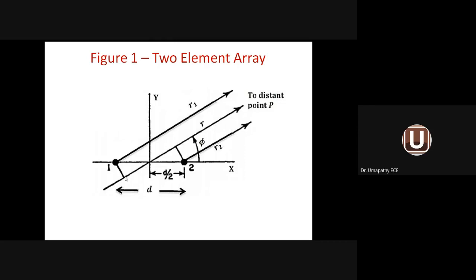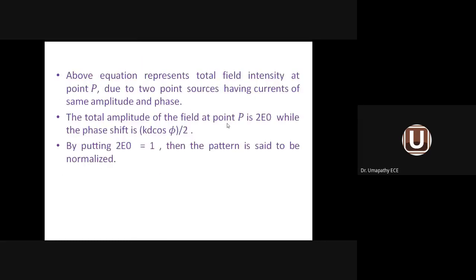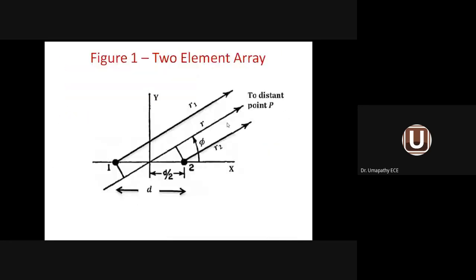So one more d by 2 cos phi gives the path difference between 1 and 2. Path difference equals d by 2 cos phi plus d by 2 cos phi, which equals d cos phi, equation 1. I am adding because I am finding the path difference. So d cos phi is the path difference between R1 and R2, as shown mathematically here.